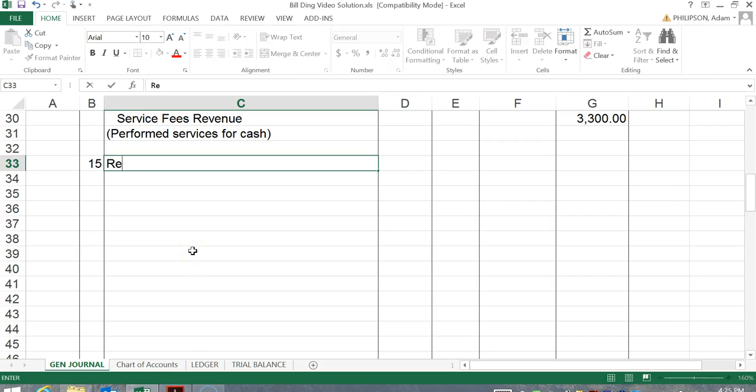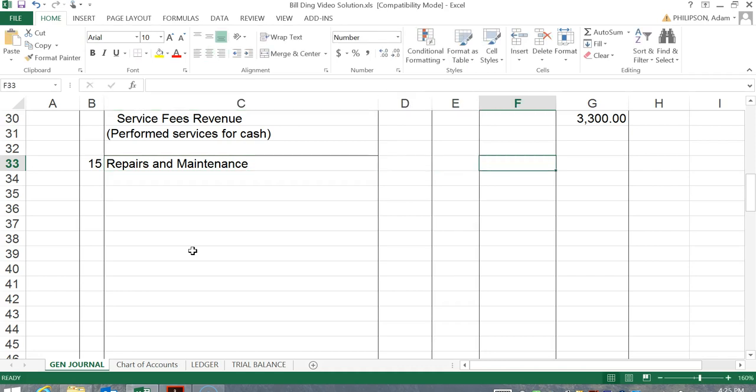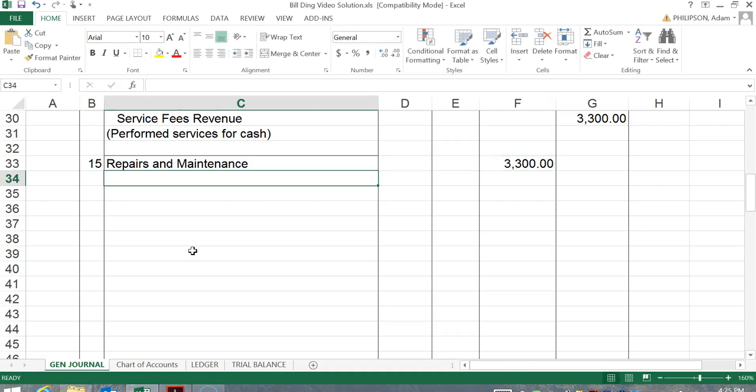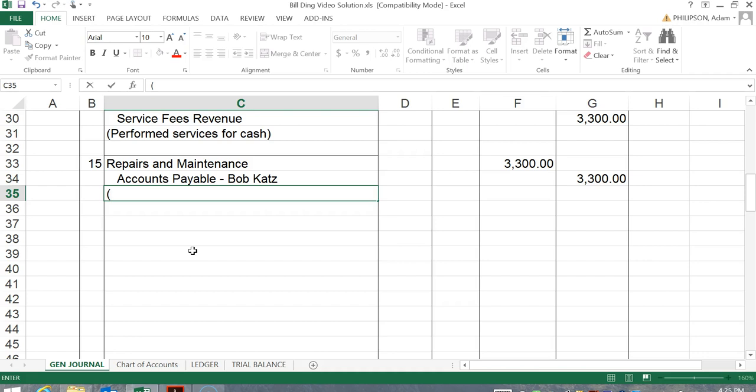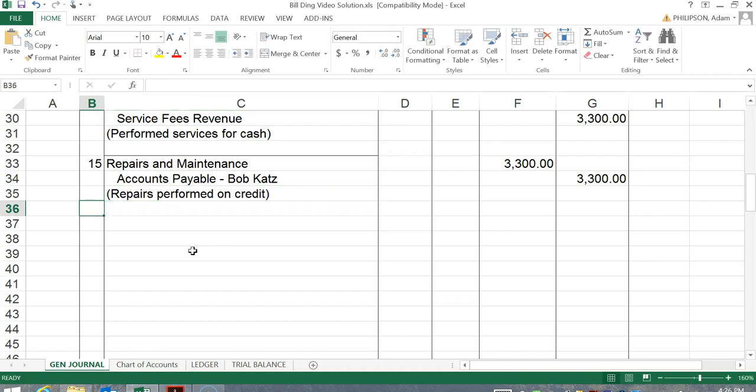Okay, so we've got repairs and maintenance, 3300 again, and same accounts payable, Bob Katz, repairs performed on credit. Next transaction on the 18th.